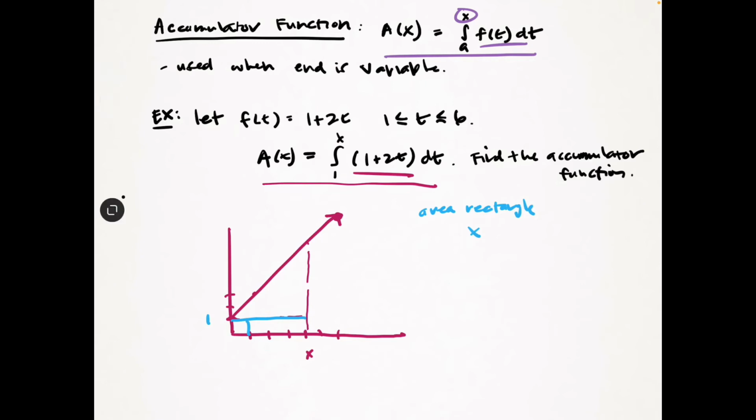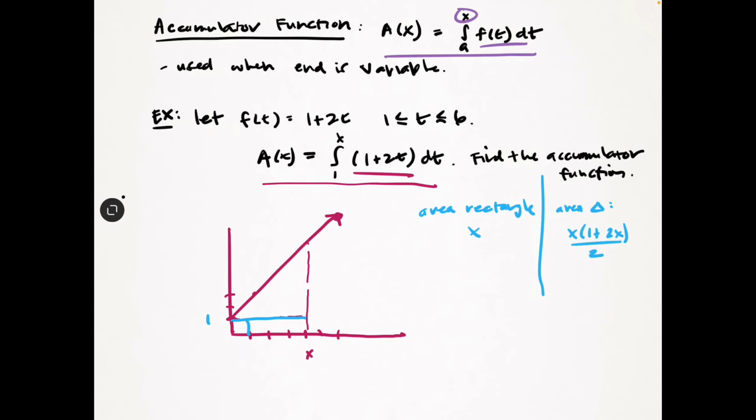Now the area of the triangle is a little bit trickier, right? So the base is going to be x. The height is going to be the height of the function. So 1 plus 2x, wherever x is. And then divided by 2.